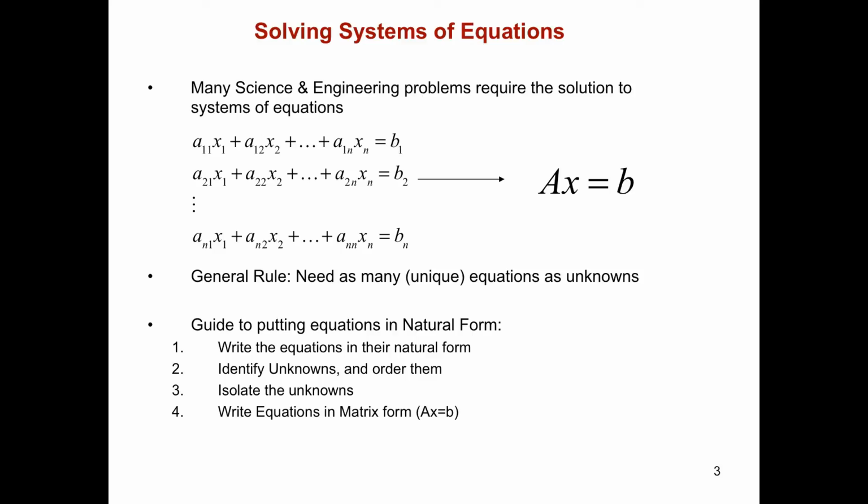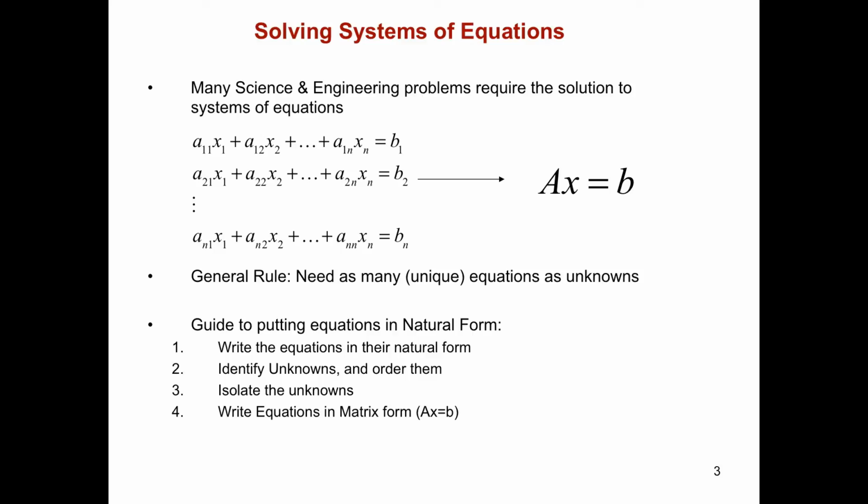Then I have a very similar equation 2. I'm just changing the numbering so that I can denote this second equation in the most general case, and all the way to the nth equation. When I look at this a little closer, I see that these a's I can put in a matrix.